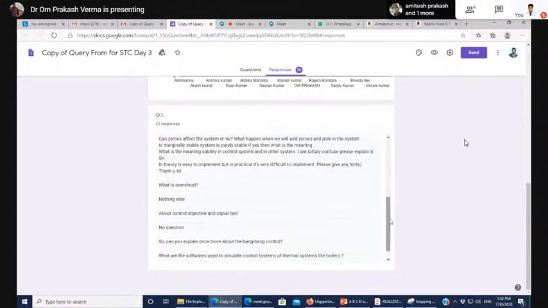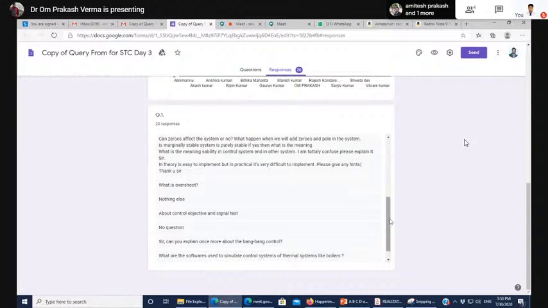Overshoot means the maximum peak where it goes. Suppose the desired value is 10 kg per minute, or whatever the value, and you cross that 10. Suppose you are running and you have to stop at a line, but you have inertia, so you stop only some time later. Due to some inertia, you will not stop at that line, you slowly go ahead and stop there. The point where you stop is the maximum, that is the overshoot. You overshot your point, that is the overshoot.